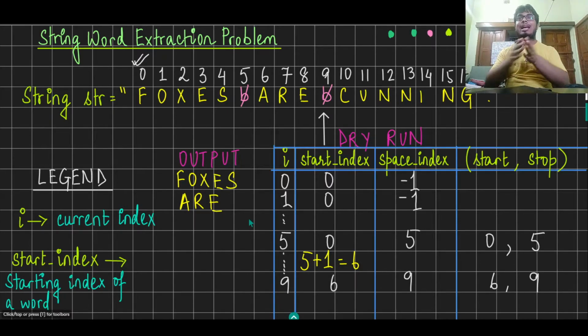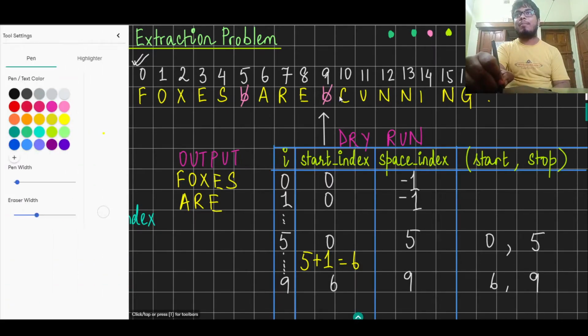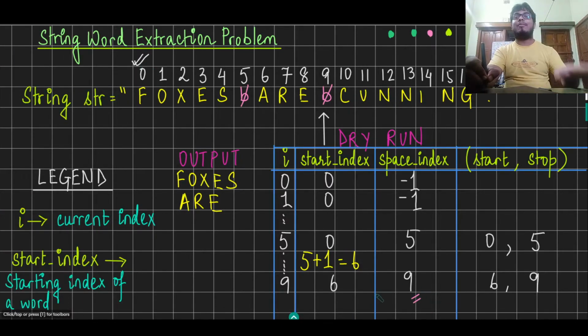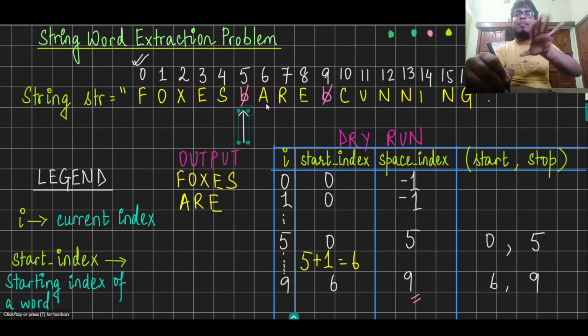Whenever we have an index of the space, for example here, the space index currently is 9, we can tell for sure what the left word's ending index would be and what the right word's starting index would be. But there's no way to tell the right word's ending index. So let's take an example of the extraction of the word are.